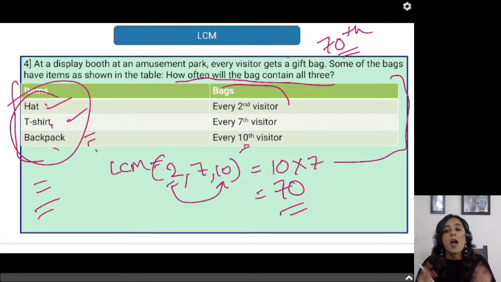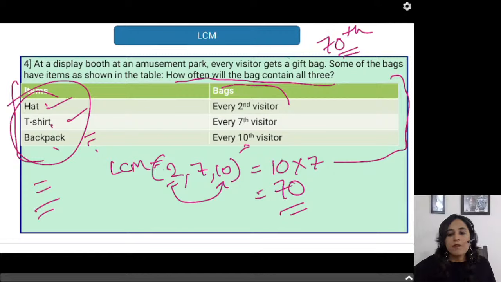None of the options was can't be determined. So the question was pretty simple and it just asked about the LCM of 2, 7, and 10. Debanil is saying 71, 140, 210, all multiples of 70, which is very true. Had I been the examiner, I would have framed options in this way.